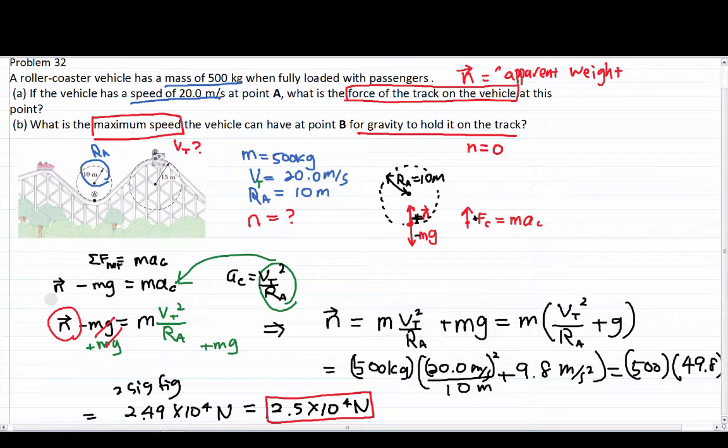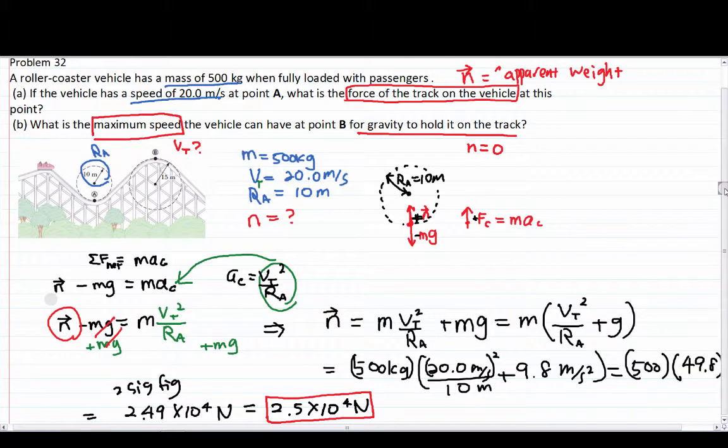When the normal force is 0 here, in other words, it matches with the weight of the vehicle, then the people here will feel weightless. But they will still undergo the circular motion. In other words, they are still on the track.